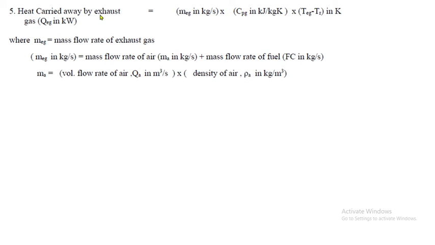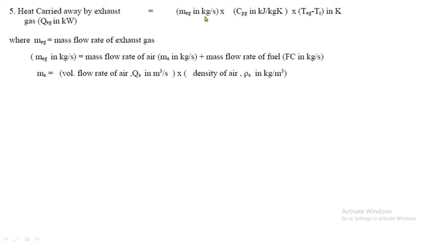Next is the heat carried away by exhaust gas. Again the same formula, m c del T: mass of exhaust gas in kg per second, Cp of gas, the specific heat of gas in kilojoule per kilogram Kelvin, and del T is the temperature of exhaust gas minus room temperature. The room temperature was measured at the beginning of the experiment using the temperature indicator.